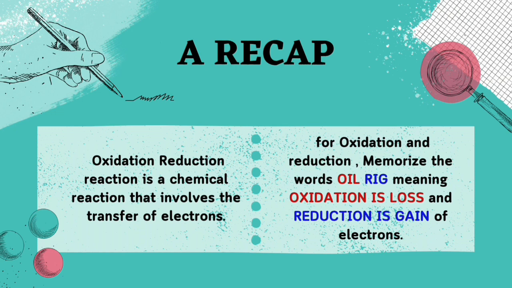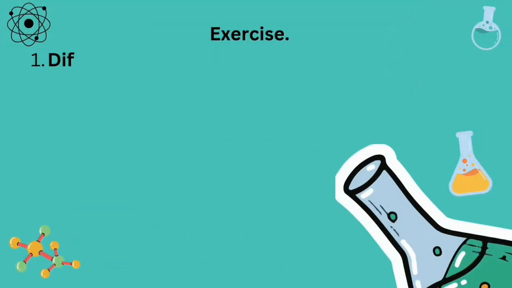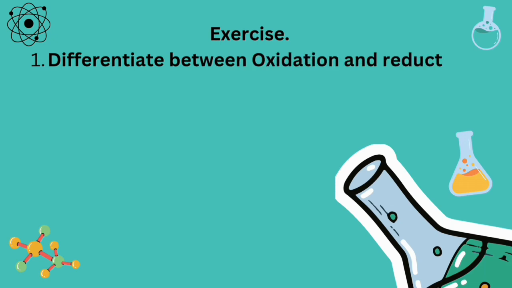This will be helpful for you in the future when we explore oxidation reduction reactions. Oxidation reduction reaction is important to our daily lives. It occurs spontaneously and in aqueous solutions. Take note of that. Now your exercise: differentiate between oxidation and reduction in your exercise books.